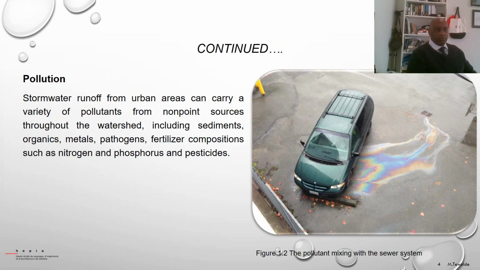The second major problem in a city is, because of human activity and the increase in the volume of water runoff, the effect of chemicals and pollution increases. I mean, the pollution that goes into the river increases as well.